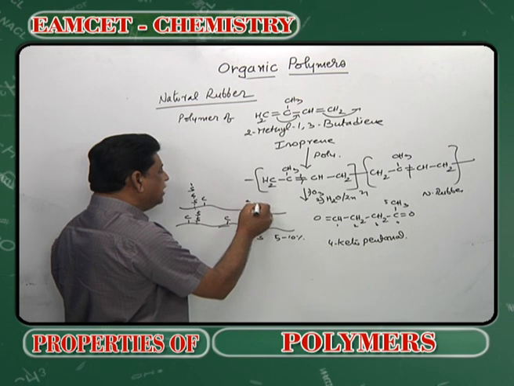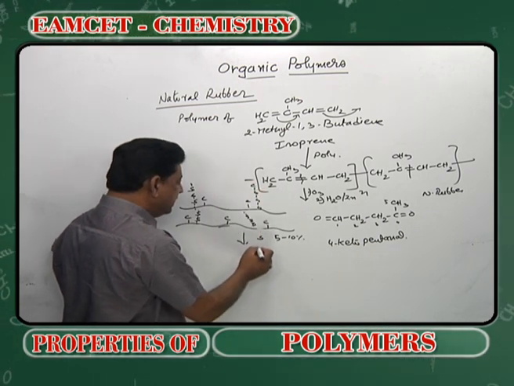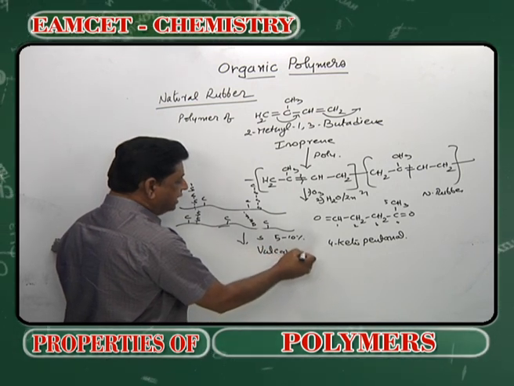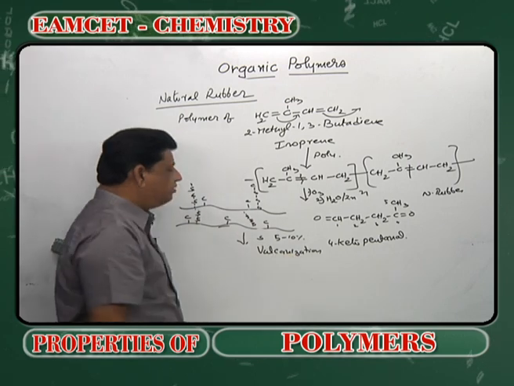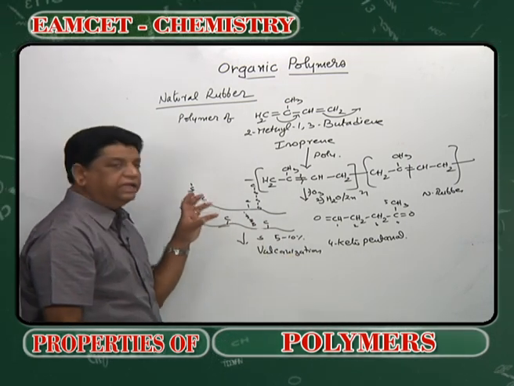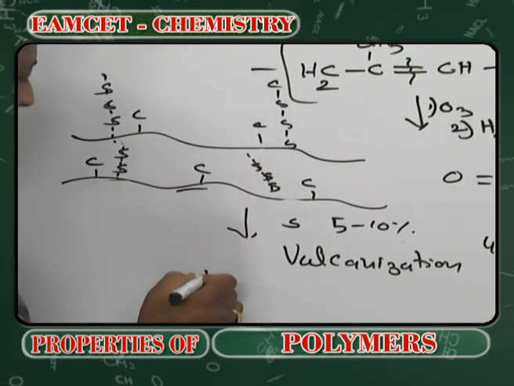These chains are called sulfur chains. This process is technically called vulcanization. What is vulcanization? Addition of around 5 to 10% sulfur to that gummy rubber, so that the fine rubber comes out.